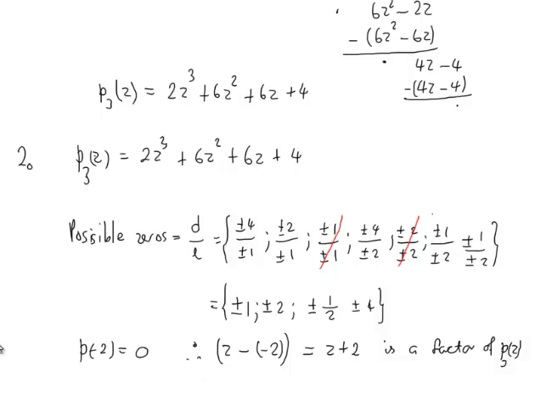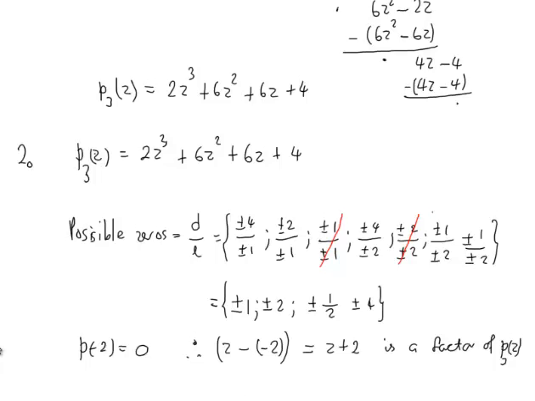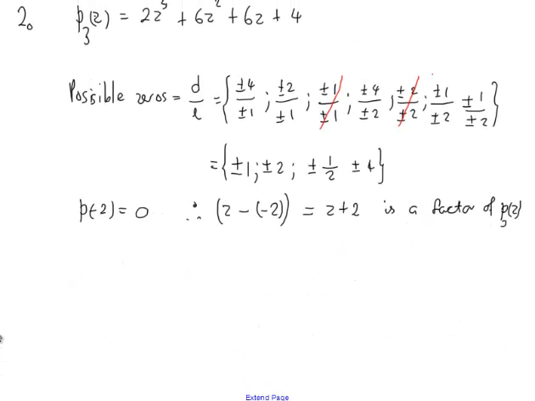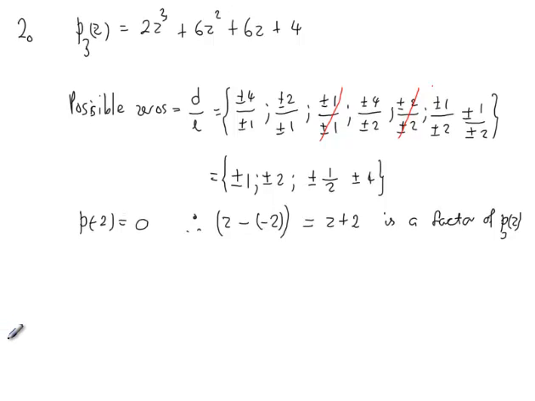So now what we need to do is find P2, because we now have a factor of P3, and we want to find the other factor of P3. We need to divide that by, we've said this thing several times, P2 of Z now is going to be P3 of Z divided by Z plus 2.